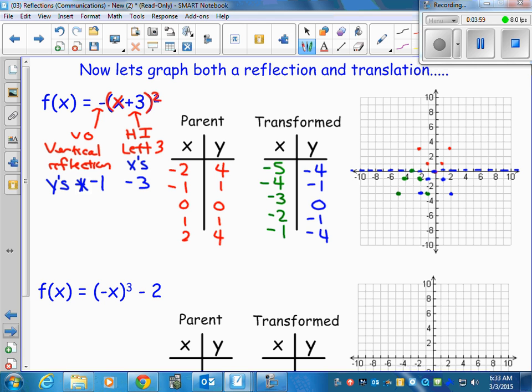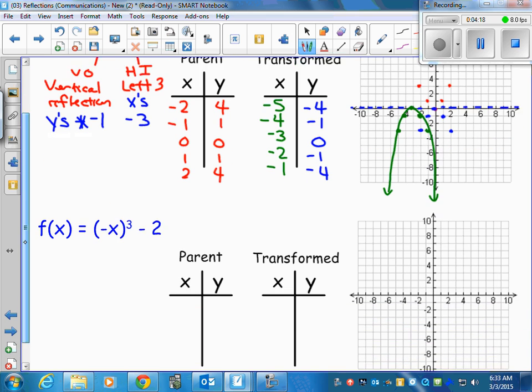My center point is at -3, 0. The 2 points on either side are -4, -1 and -2, -1. And then the one thing that we always want to do is complete the graph. Make sure that your x squared is rounded to finish the graph off.